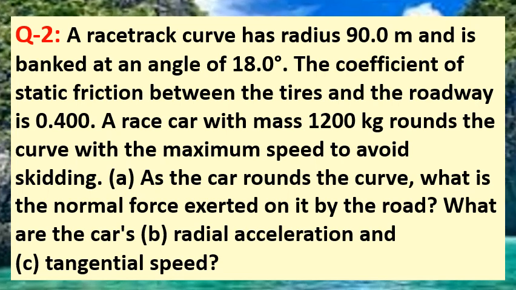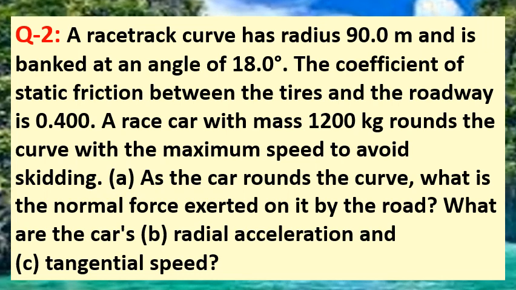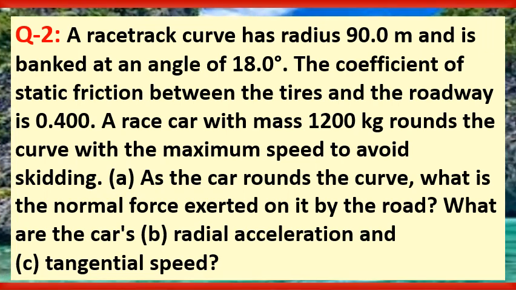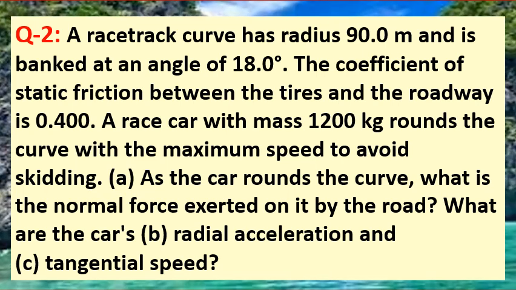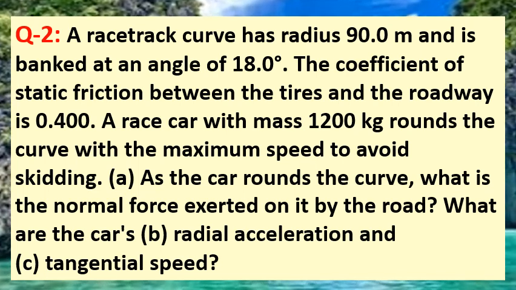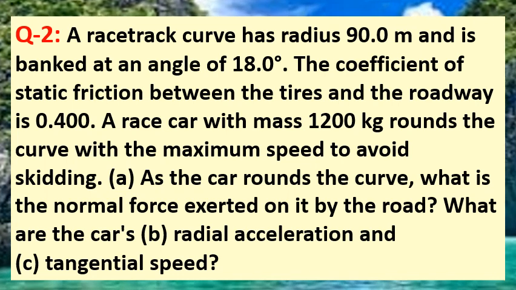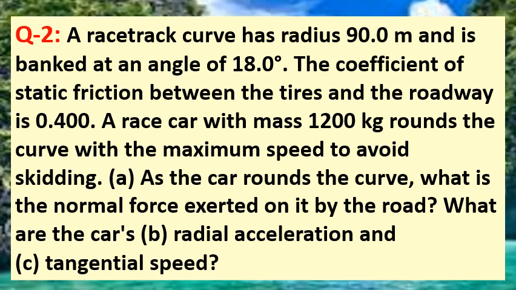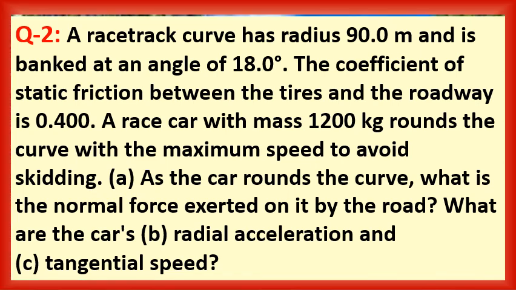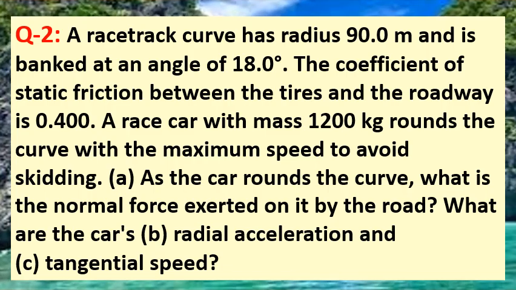A race car with mass 1,200 kg rounds the curve with the maximum speed to avoid skidding. Question letter A. As the car rounds the curve, what is the normal force exerted on it by the road? Question letter B. What is the car's radial acceleration? And letter C. Tangential speed.